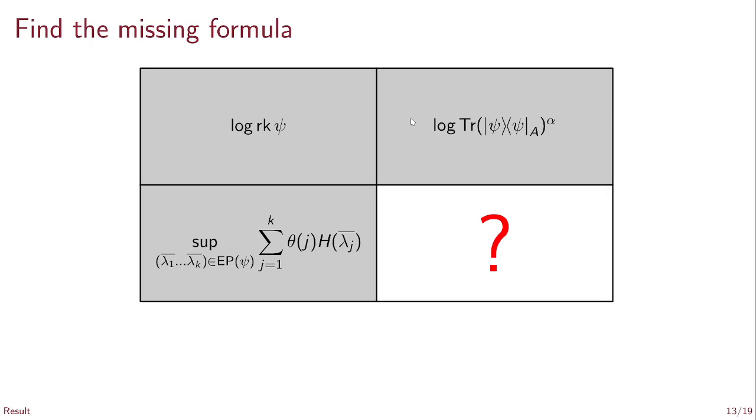The first row corresponds to the bipartite monotones, which includes the Schmidt rank and the Rényi entropies, entanglement entropies, whereas the first column corresponds to the alpha equals 0 section, so the asymptotic spectrum of tensors, which in quantum info terms are SLOCC monotones, satisfying these additional axioms of additivity and multiplicativity. And the question is what goes here.